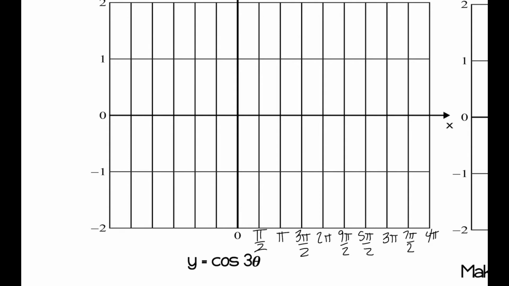So we're going to do that. And then it would be exactly the same on the other side, except just negatives. Okay, so like that.